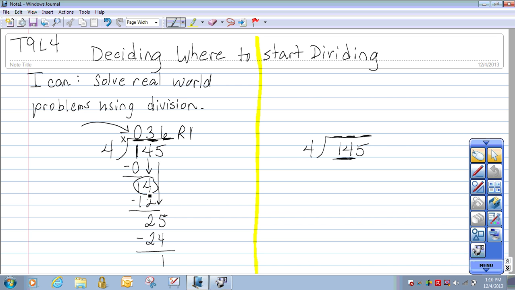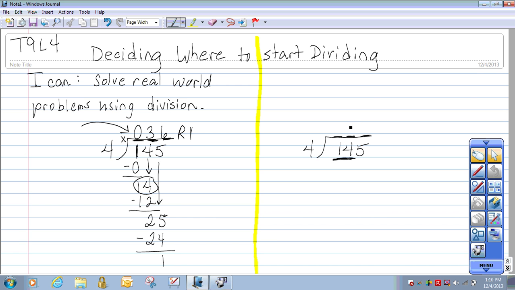We just brought the 4 down and made it 14 and then started dividing. So that's what you're going to do here. Instead of going through the whole process of 4 goes into 1 0 times and 0 times 4 is 0, you can just say 4 will not go into 1, so I'm going to use 14.